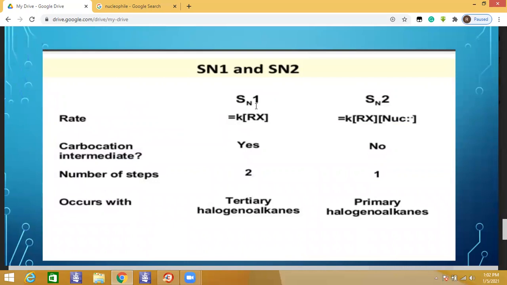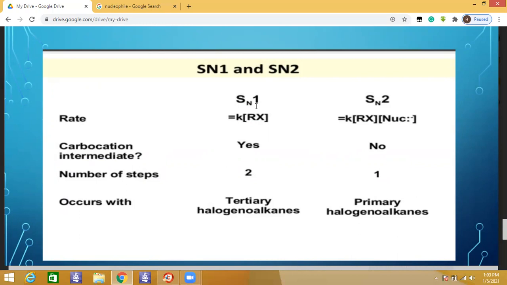A strong nucleophile, which pushes the halogen out of the molecule, favors the SN2 reaction. A strong nucleophile is one that reacts rapidly with the given substrate. Like OH⁻ is a strong nucleophile compared to its conjugate acid, water.